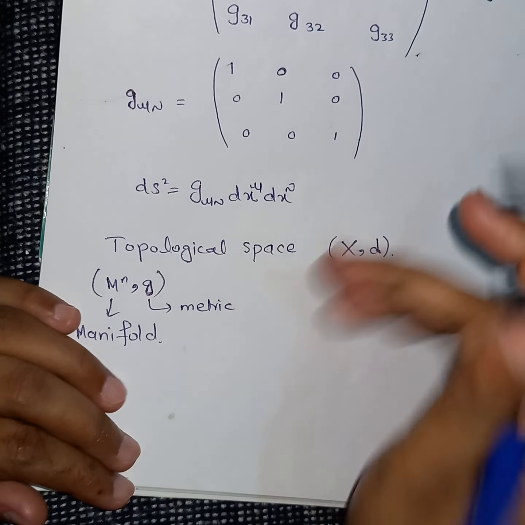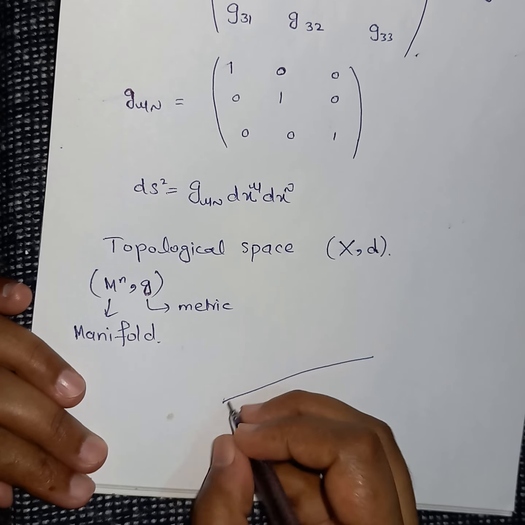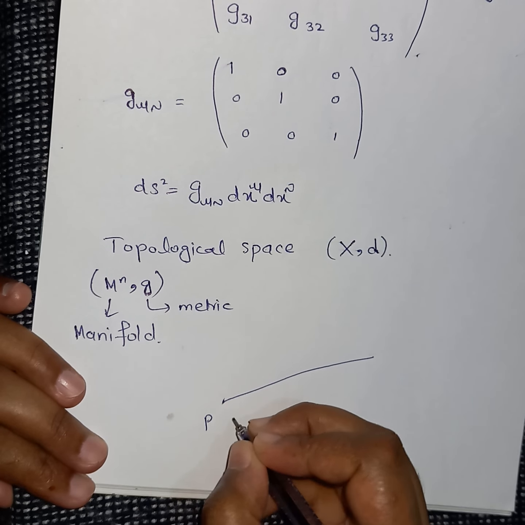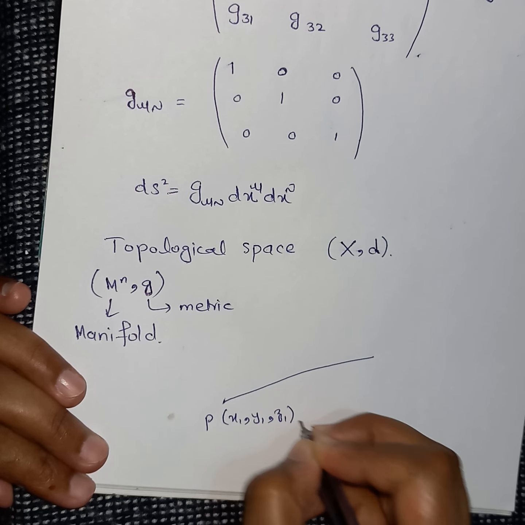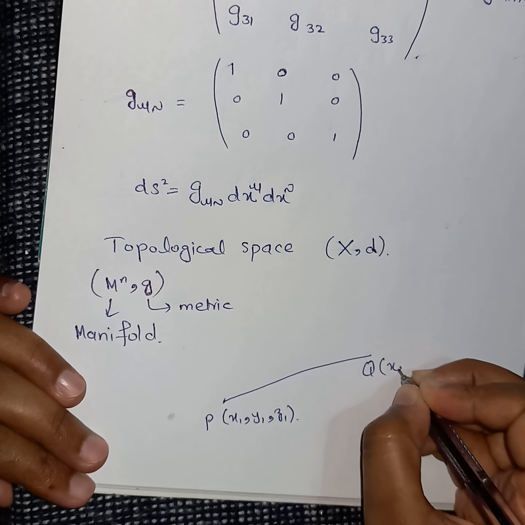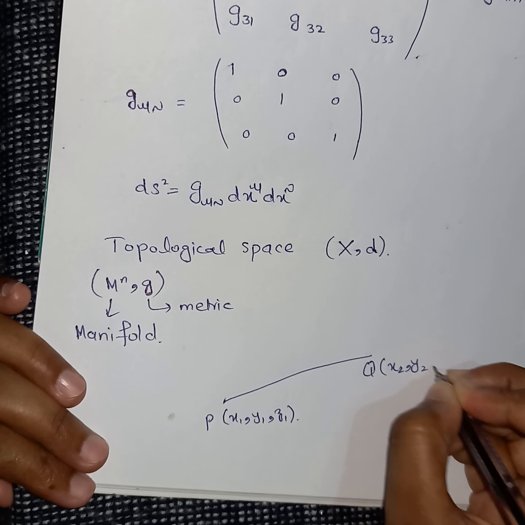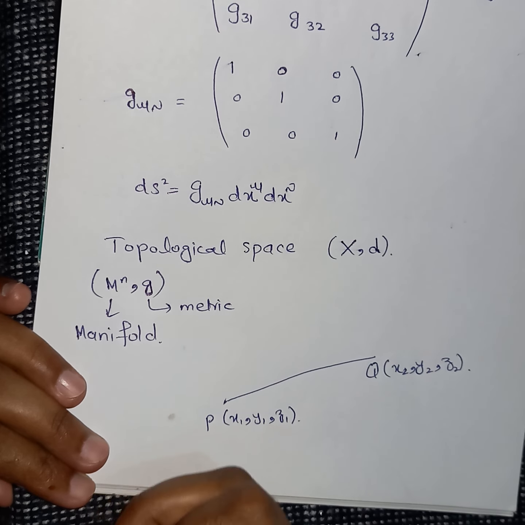Now you know that in Euclidean space, for example, we have 2 points. This is a point P, and say its coordinates are x1, y1 and z1, and here we have a point Q and its coordinates are x2, y2 and z2. Okay.